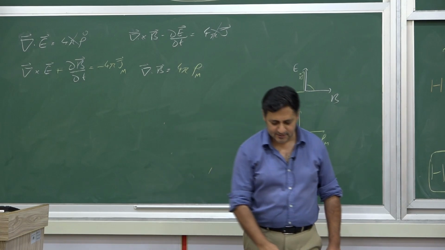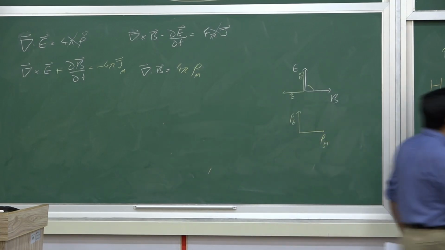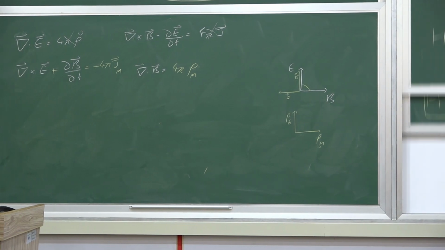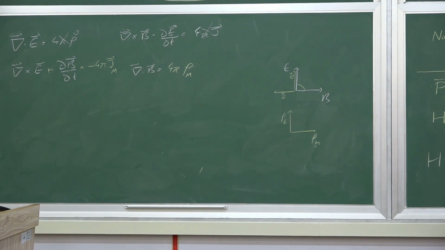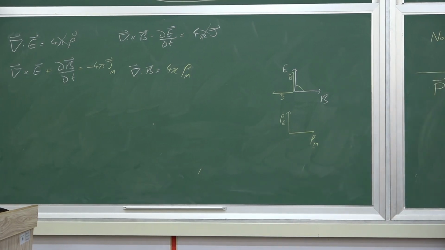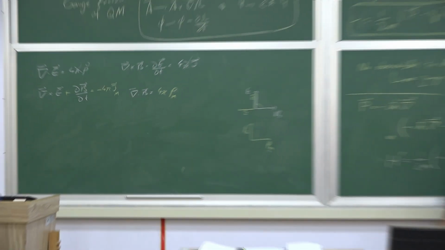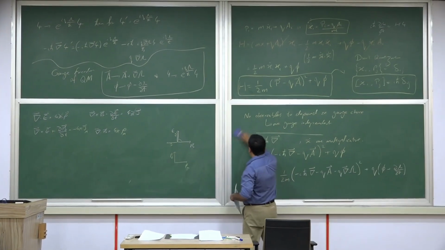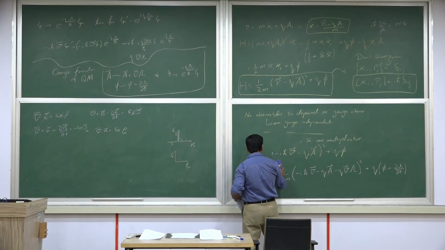That's why. But let's keep pushing the idea: what if there are magnetic charges, and can I salvage the situation for quantum mechanics if there are magnetic charges, or as they say, magnetic monopoles?